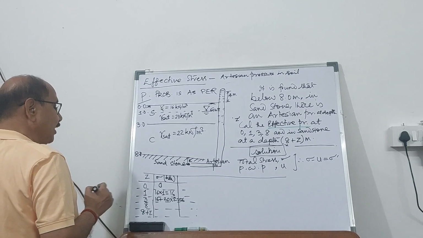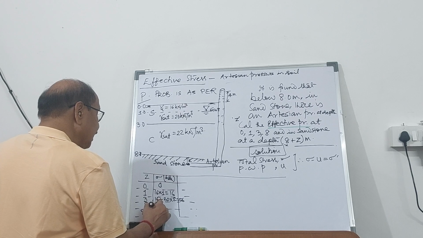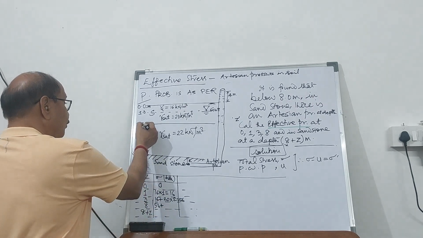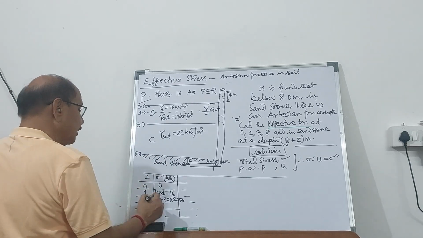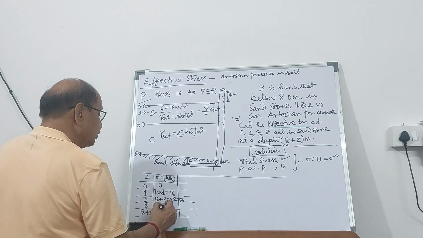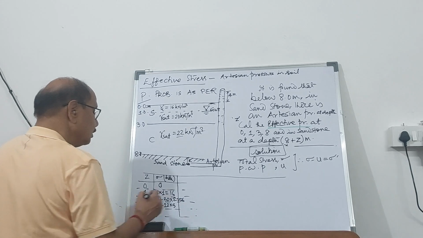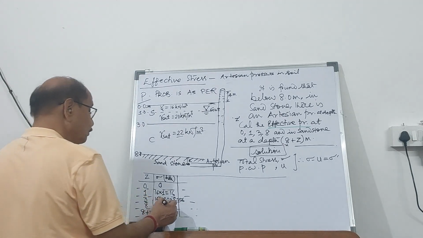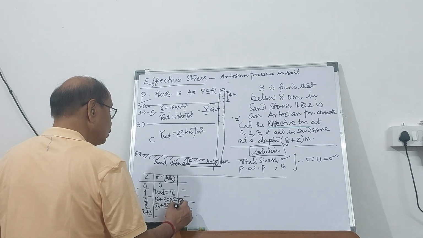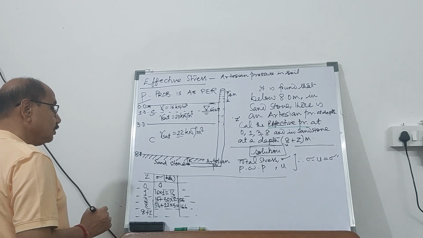And at 8 meters, it is already 56 plus, from 3 meters to 8 meters, that is for 5 meters, the unit weight is 22. So 22 into 5 is 110, and it becomes 166 kilopascal.